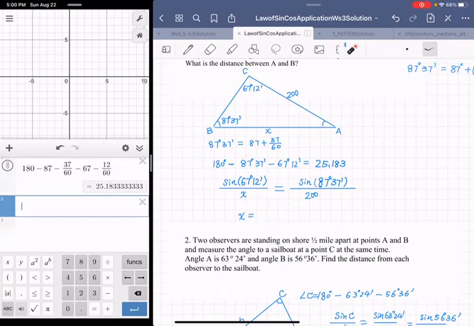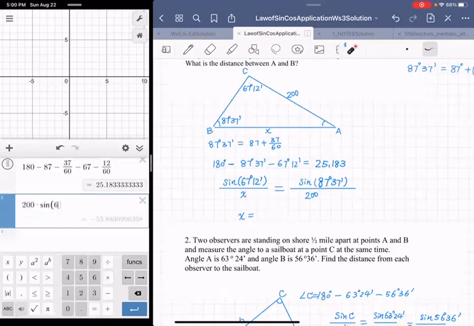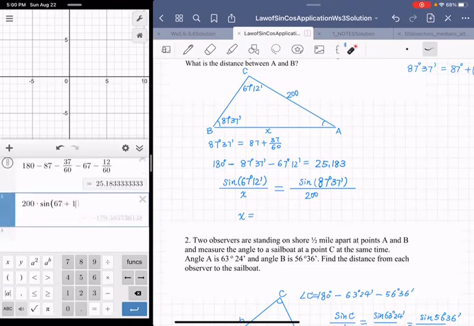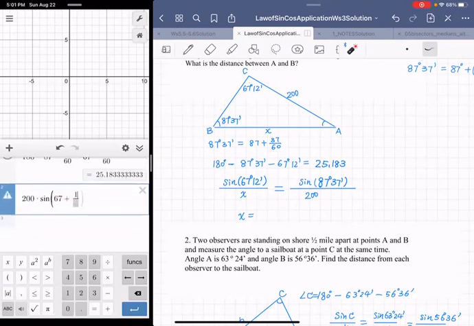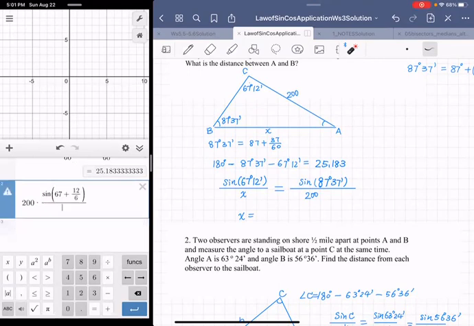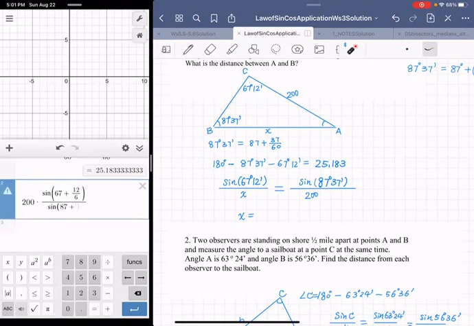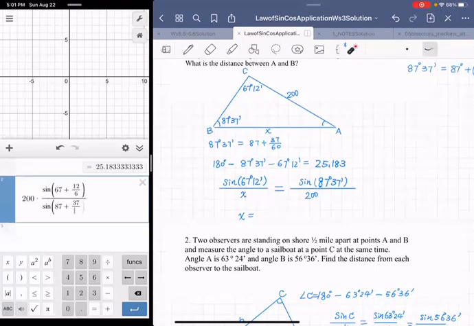You will do 200 times sine 67 plus 12 over 60, and then divided by sine 87 plus 37 over 60. There you go.